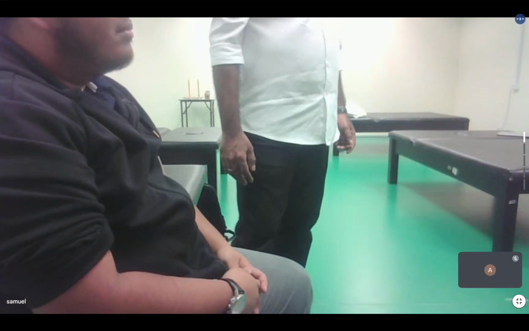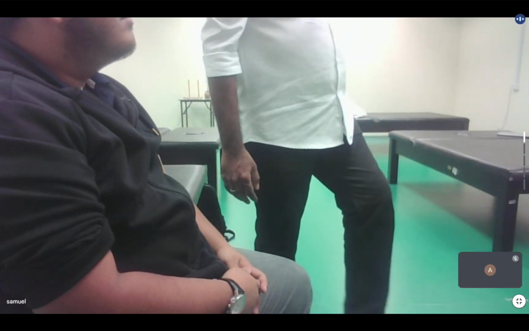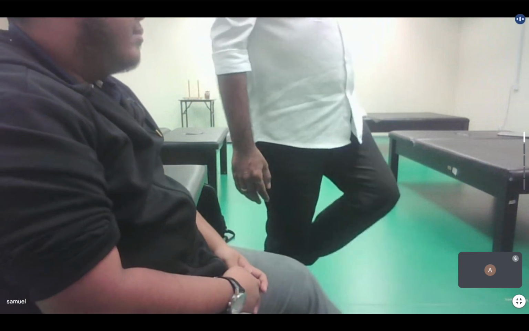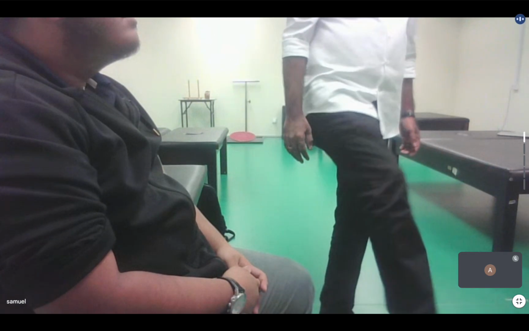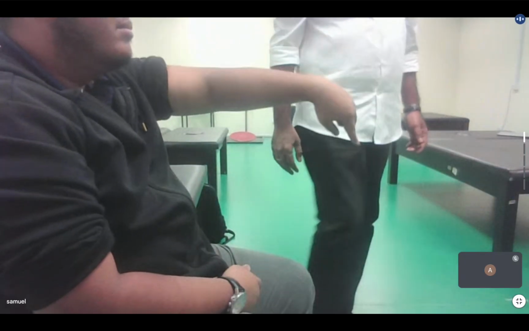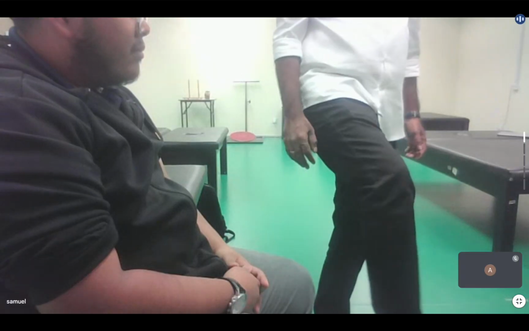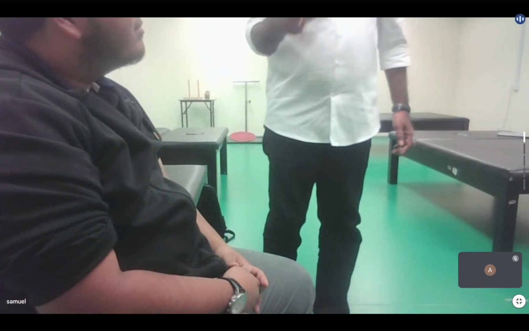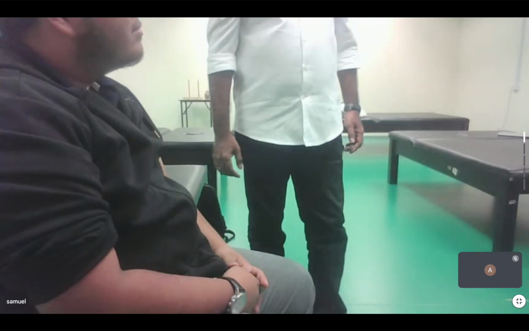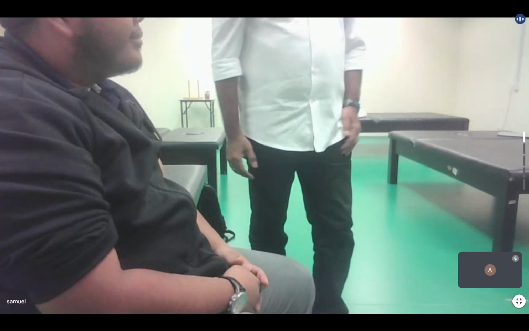Because the tone is reduced, the limb becomes loose and slack, so the reflex behaves in a pendular-like way. It moves for a few seconds and drops on its own weight. That's your pendular reflex, a sign of cerebellar dysfunction.